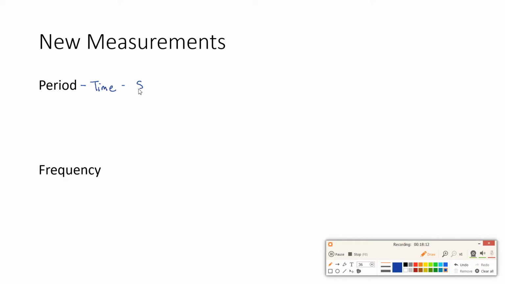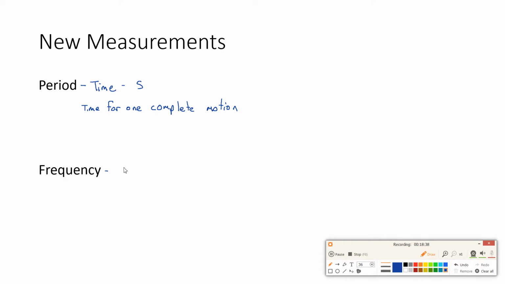And we tend to measure in this class in seconds, and it is the time for one complete motion. So period is the time for one complete motion. Frequency is not time.